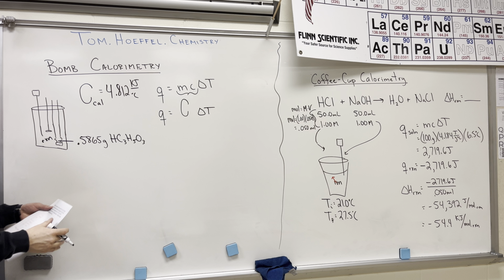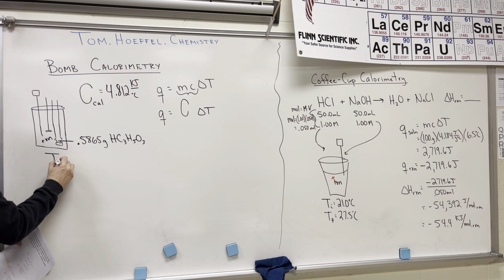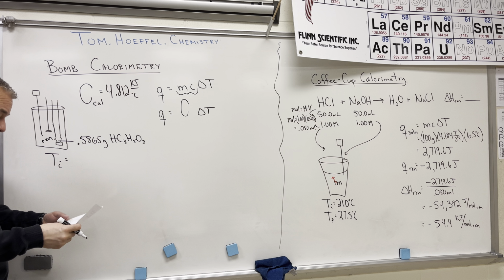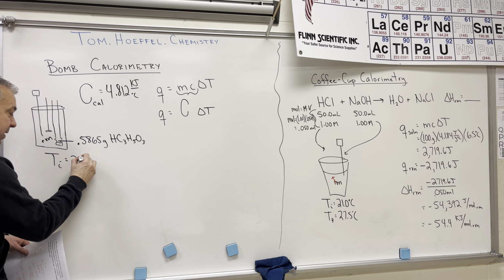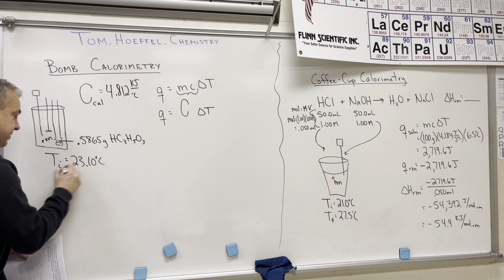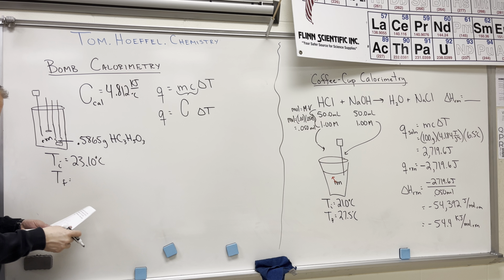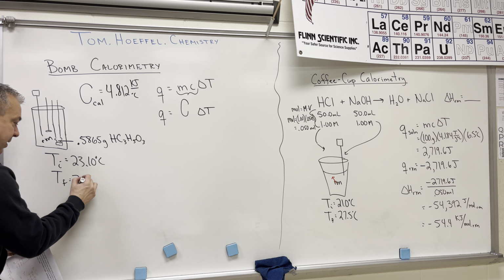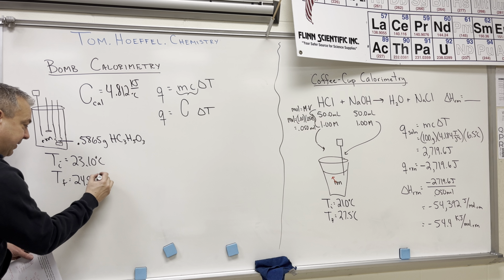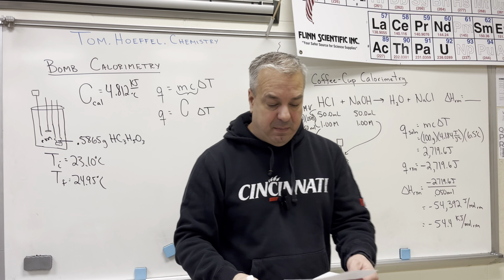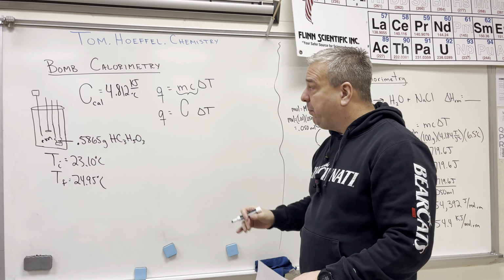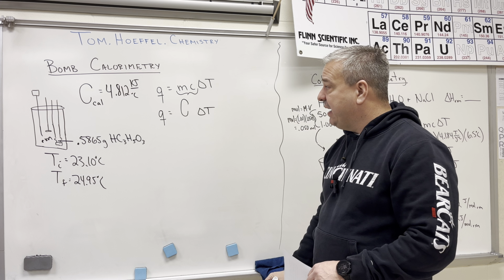That's the formula for lactic acid. This bomb calorimeter has an initial temperature of 23.10 degrees Celsius and a final temperature of 24.95 degrees Celsius. So I think I have all the information that I need from the prompt up on the board at this time.